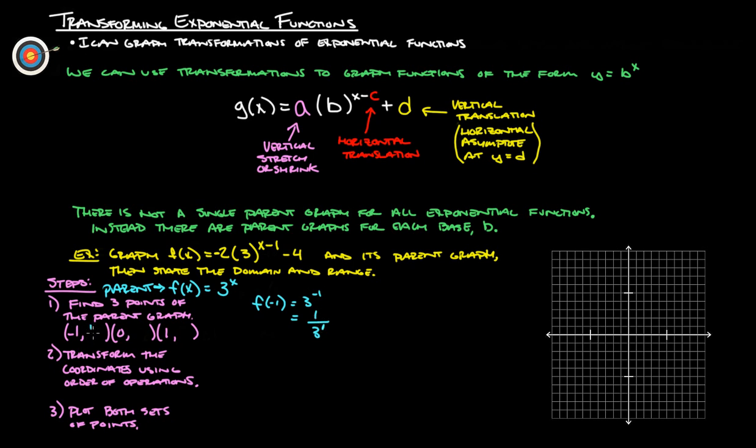So -1 is at 1/3. If we plug in 0, that's 3 to the 0 power. Anything to the 0 power just equals 1. And then if we do f of 1, 3 to the first power, ends up just being 3. So here are 3 points of our parent graph that we can do.